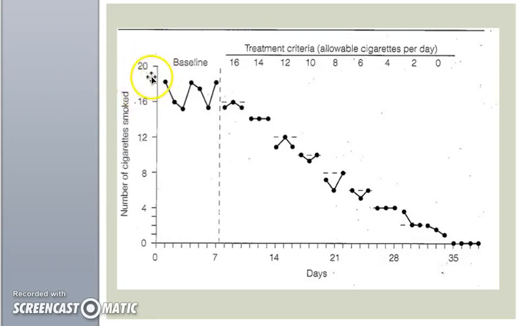If your goal is to go from 18 cigarettes here all the way down to 0 in 40 days, then within that 40-day period, you have to determine how long you're going to collect baseline. You also need to determine how many steps is reasonable. And remember, with cigarettes, what's too big of a step?